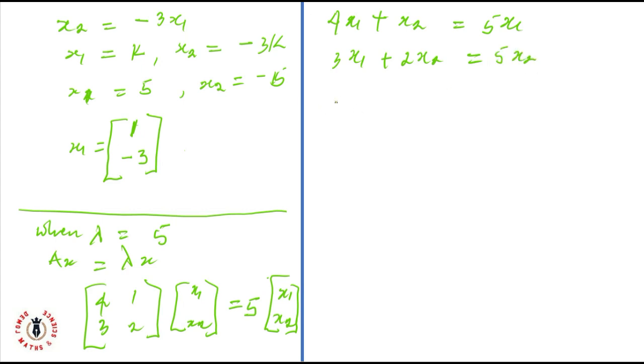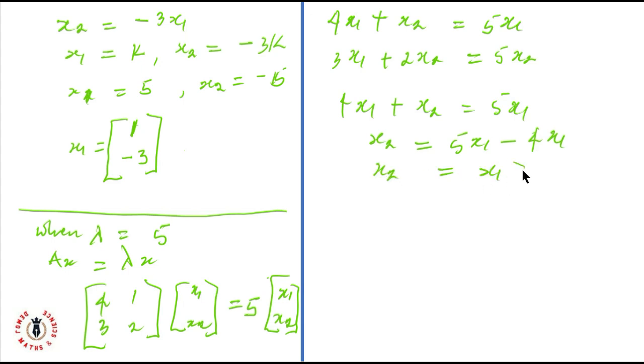Let's just use equation 1. 4x1 plus x2 is equal to 5x1. So that, let's collect like terms. Here x2 will now be equal to 5x1 minus 4x1. Invariably, x2 is equal to x1.